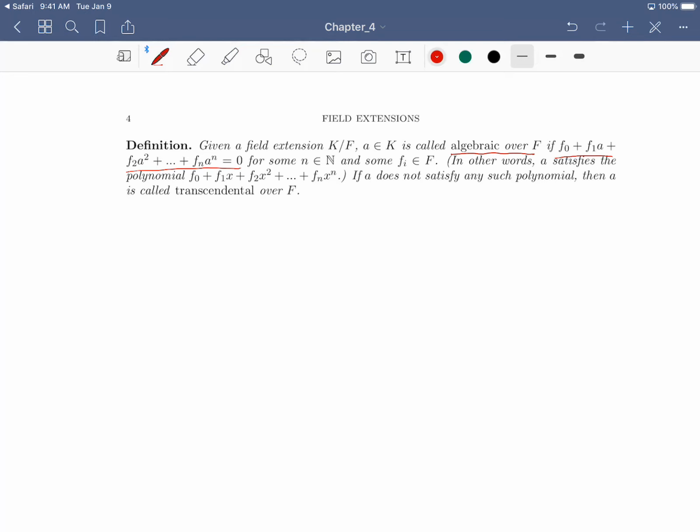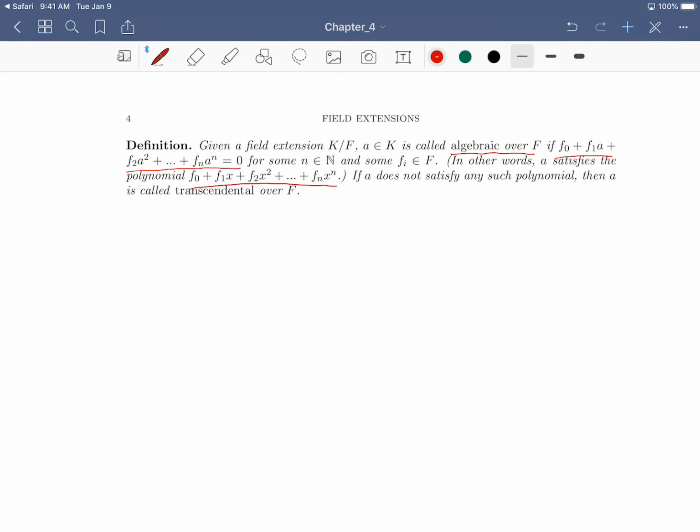So a is algebraic if we have this expression equal to 0. Another way to say that is that a satisfies a polynomial, so it's the root of a polynomial with coefficients in F. That's what it means to be algebraic.